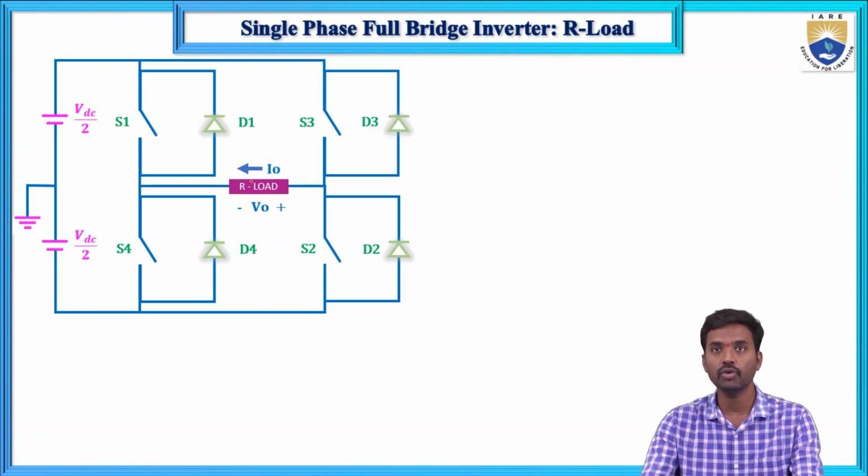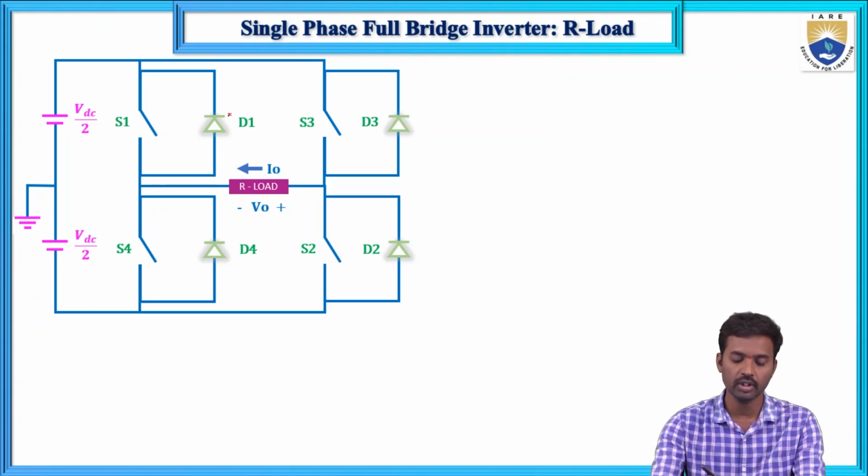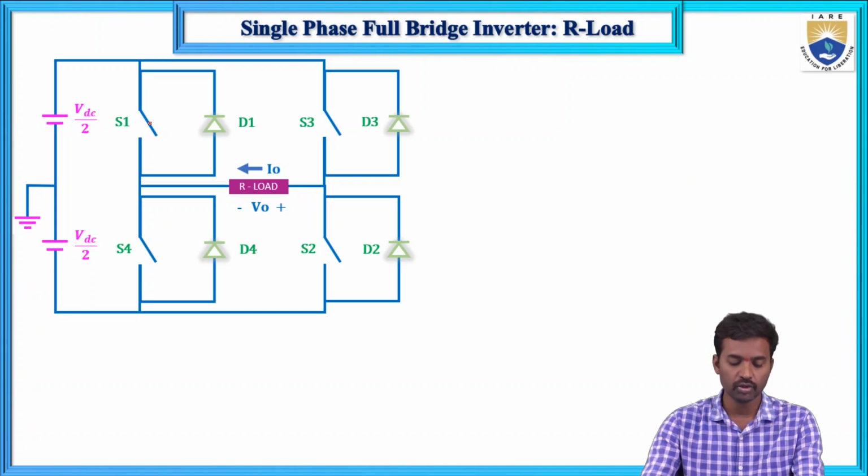Here we are using 4 switches. So 4 switches means here the switches may be with a diode. Here the diode is connected in anti-parallel with the switch. Here 4 switches means S1, S2, S3 and S4. Same fashion D1, D2, D3 and D4.